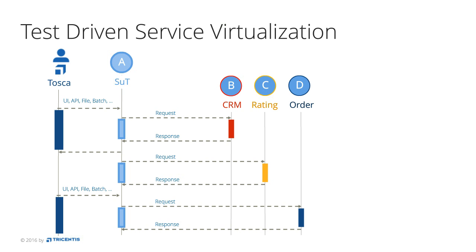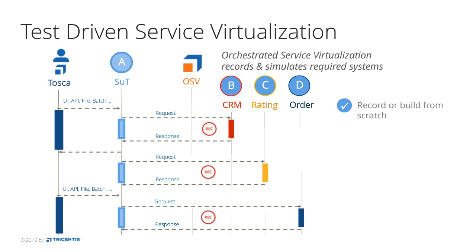So the idea of test-driven service virtualization is now to focus first on the tests. Tosca executes UI, API tests, or even tests via a file or a batch run. And orchestrated service virtualization, placed as a man in the middle in your test environment, can record the services which are exchanged between the system and the test and the third-party system during test execution.